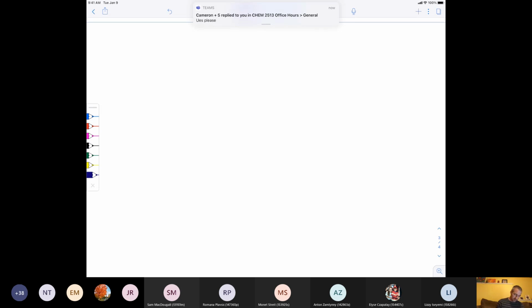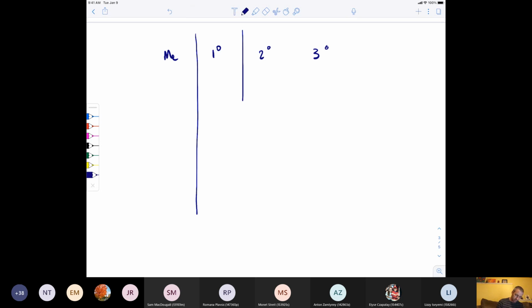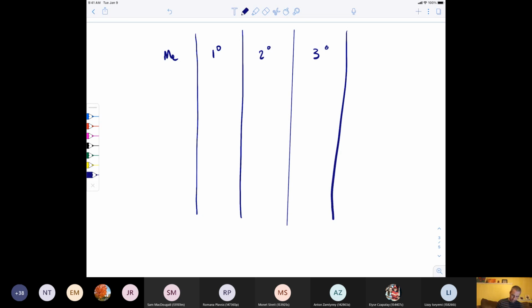Okay, just like alcohols, alkyl halides can be methyl, primary, secondary, or tertiary. Make a nice table here.